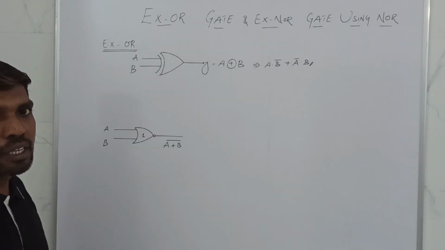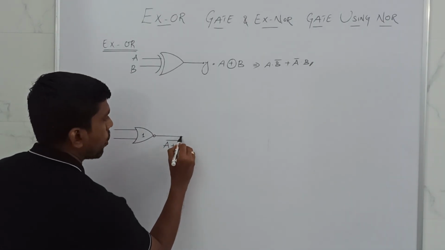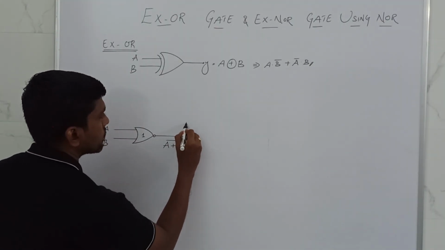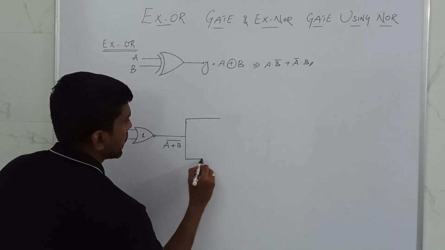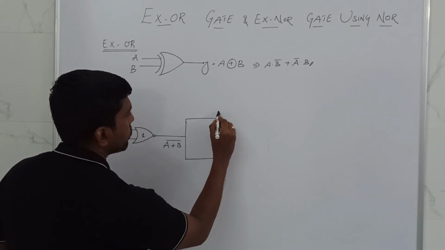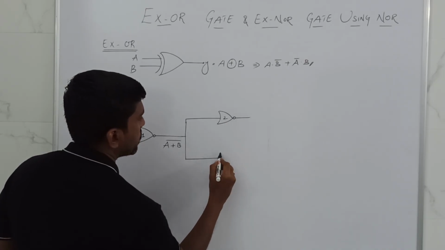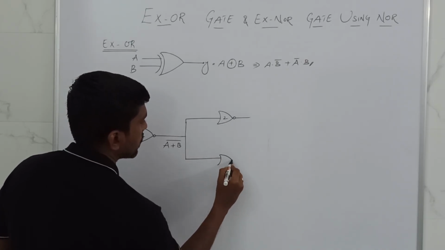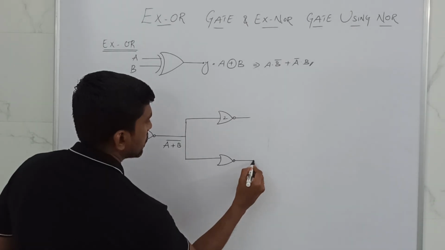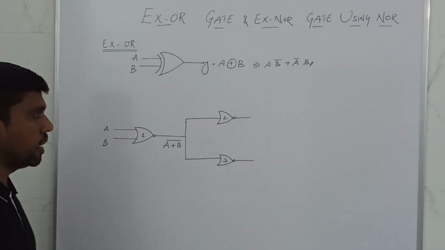This output is transferred to the input of another NOR gate. So this one is NOR gate 2. This one is NOR gate 3.